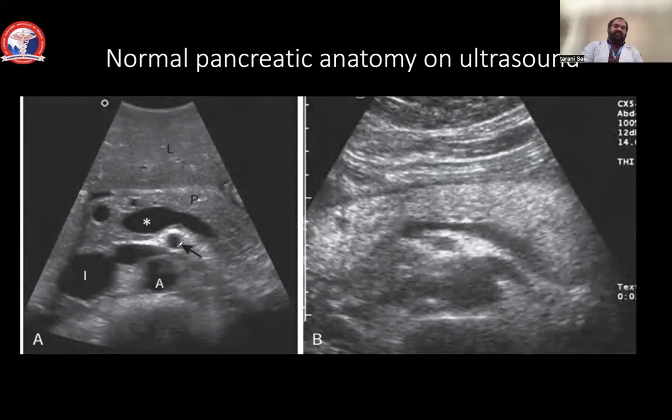And this is aorta, this is SMA, this is a portosplenic confluence, and on the right side, this is a normal structure of the pancreas on the ultrasound.